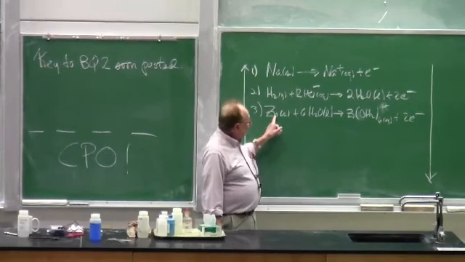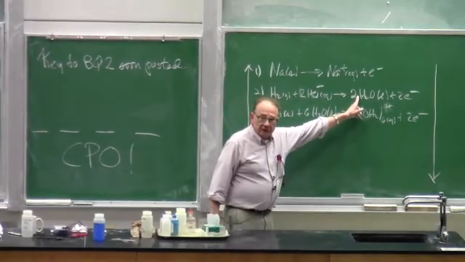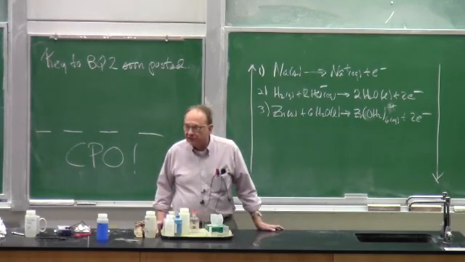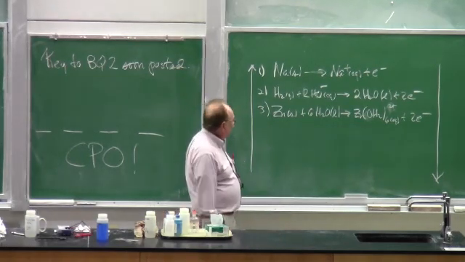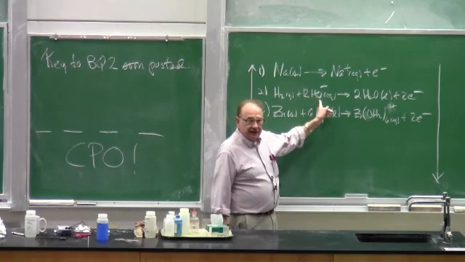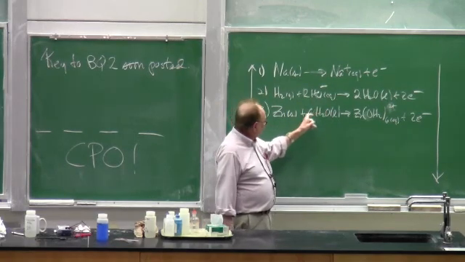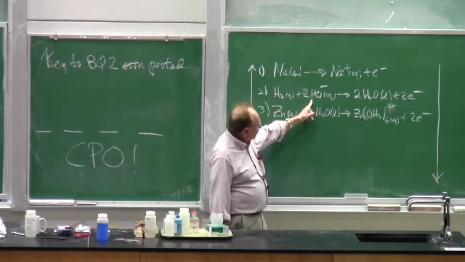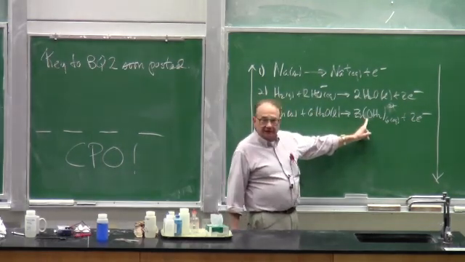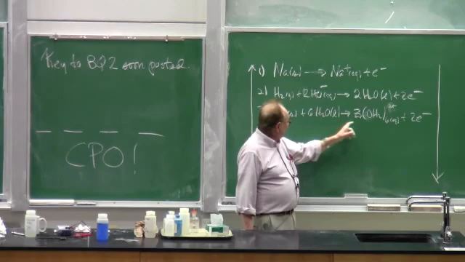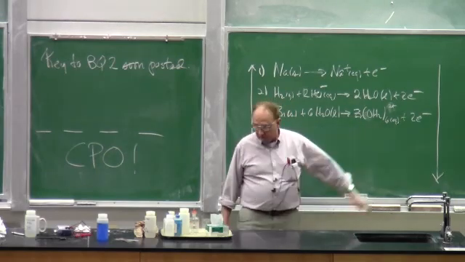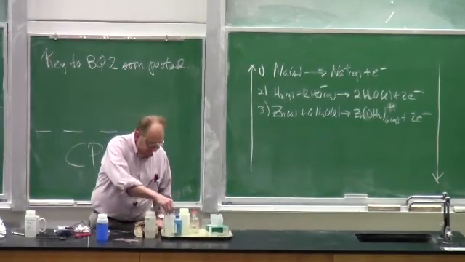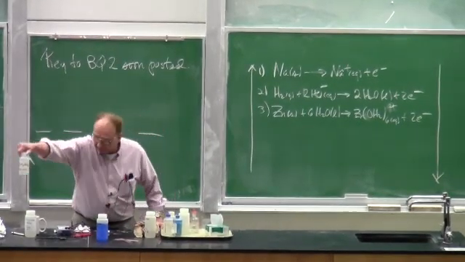If practically zinc doesn't reduce water, which we could demonstrate by just putting a piece of zinc in water and see nothing take place, that's telling us the hydrogen hydroxide ion combo is a stronger reducer than zinc, which means the hydrogen hydroxide ion combo can reduce or is expected to reduce hydrated zinc ion, whereas zinc does not reduce water.